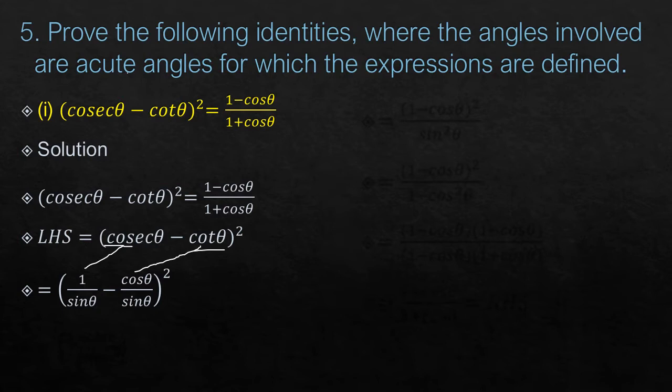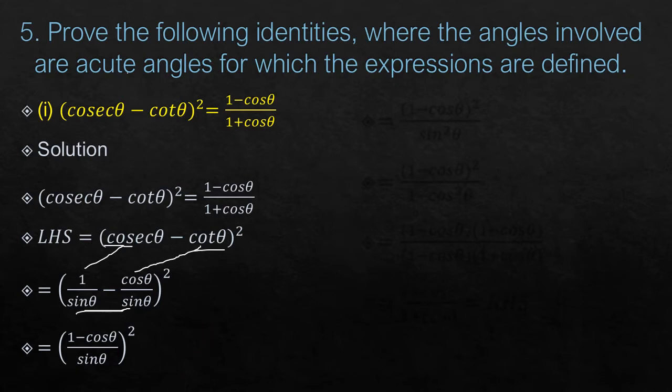So you get bracket 1 upon sine theta minus cos theta upon sine theta, bracket close, square. Now solve this bracket. What will you get? LCM will be sine theta. Since both denominators are the same, you get 1 minus cos theta upon sine theta, and then square after the bracket.